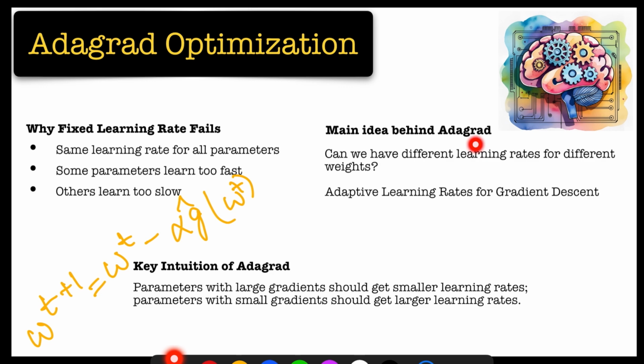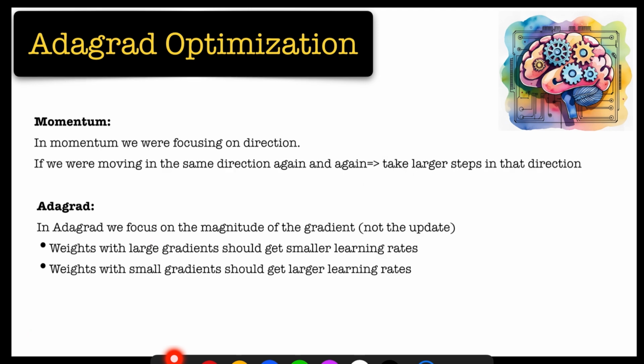So the main idea behind AdaGrad is, can we have different learning rates for different weights? That means adaptive learning rates for gradient descent, and that's why we call it AdaGrad. The key intuition of AdaGrad is that parameters with large gradients should get smaller learning rates, and parameters with small gradients should get larger learning rates.